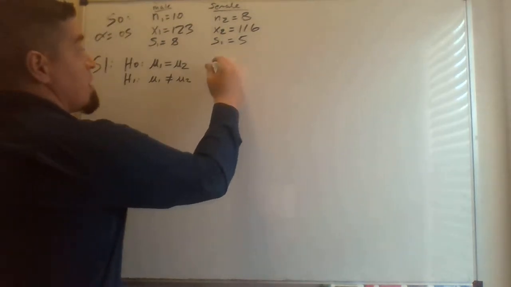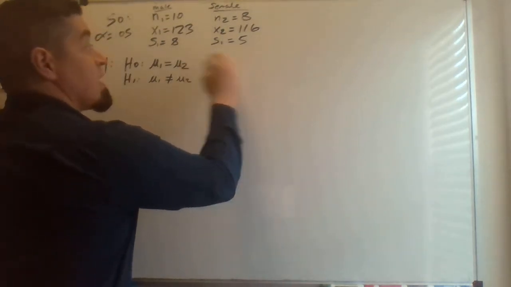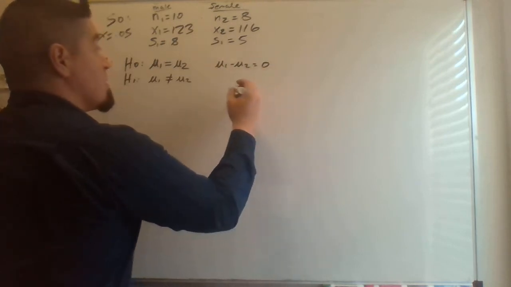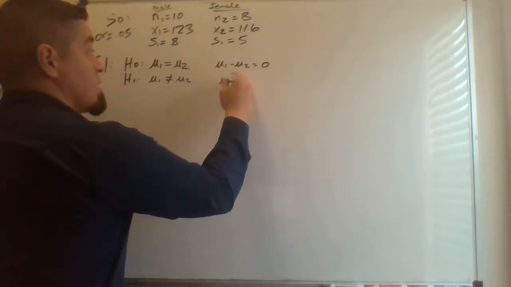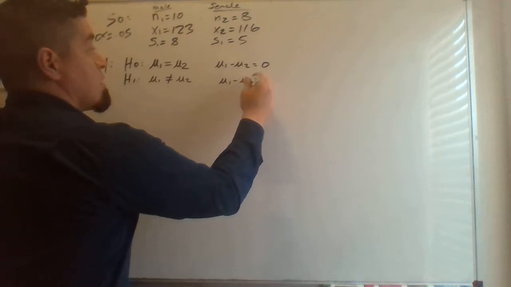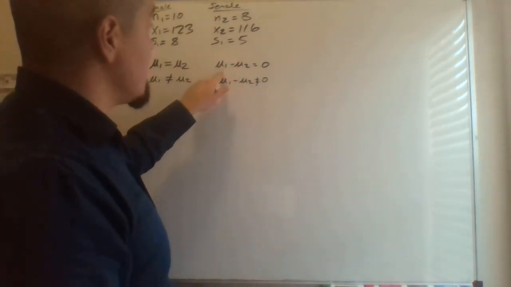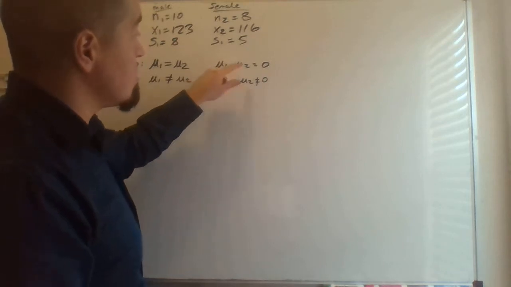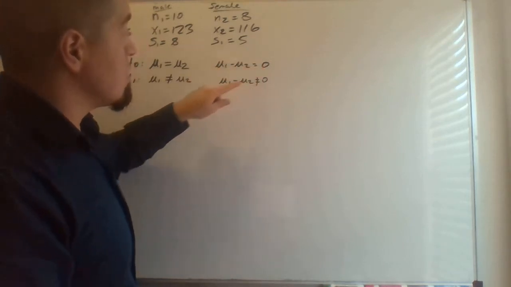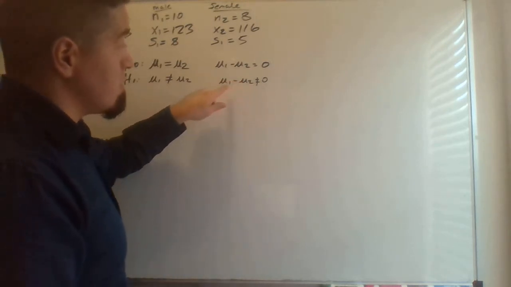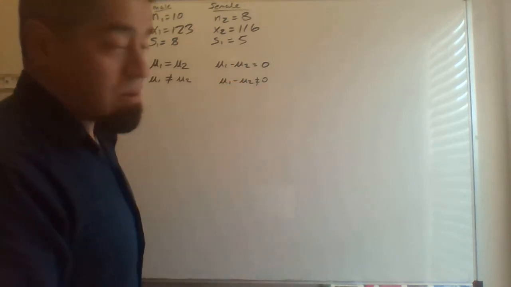An alternate way to write this is if you subtract mu2 from both sides, what are you left with on the right side? 0. You could also say the same thing here. In other words, this is saying that the difference between mu1 and mu2 is equal to 0 is the null, and the difference between the two is not equal to 0 is the alternative.